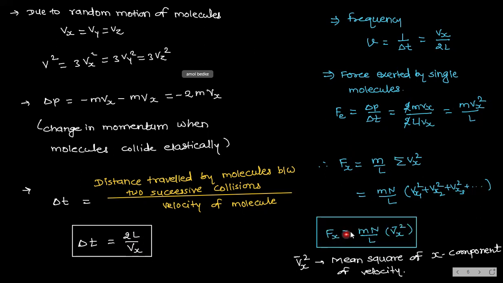And now Fx is equal to mN by L Vx bar square, where Vx bar whole square is the mean square of the x component of velocity. This is the force we have found till now. What we did, very simple: first we found the change in momentum, then we found the time, and then we used Newton's second law, that is delta P by delta T, and we got this. Note down.